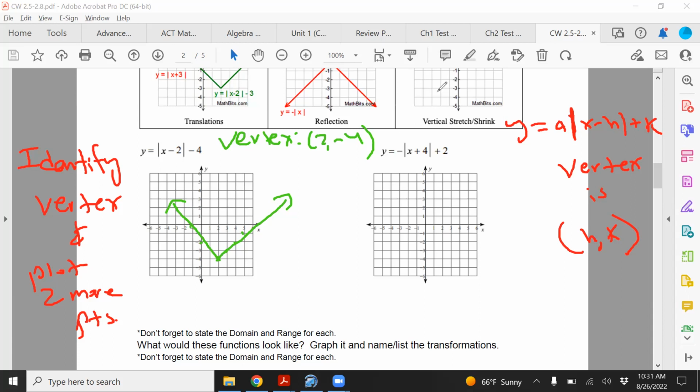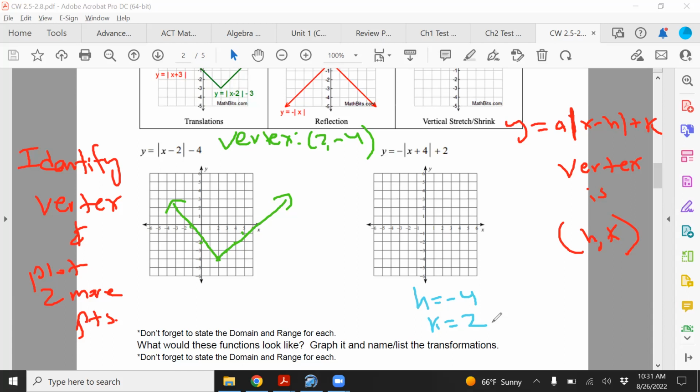Let's look at the next one here. h is going to be -4. You see how we have x minus h, right? Here we have x plus 4. h has to be -4 to make that x plus 4.